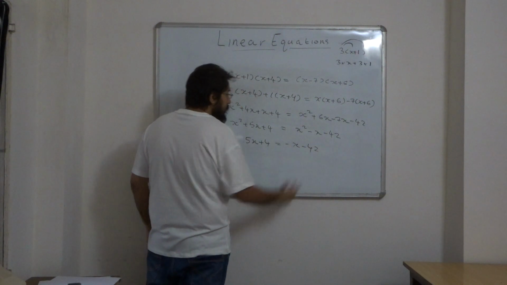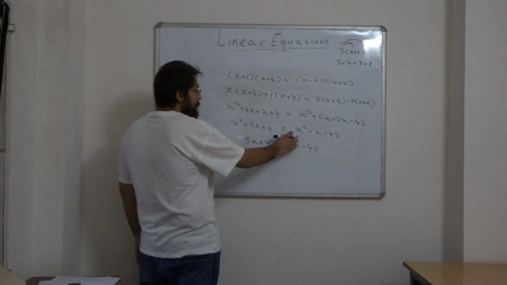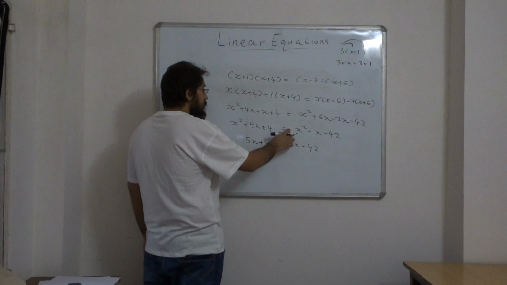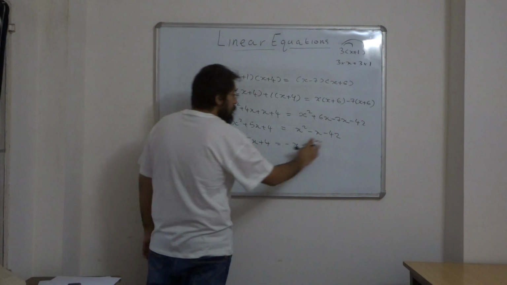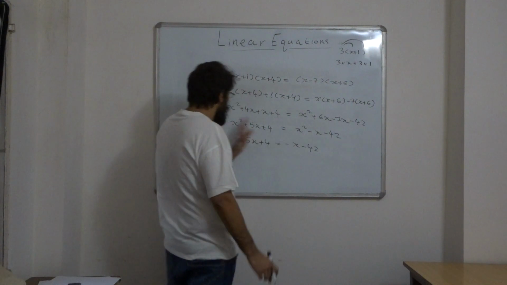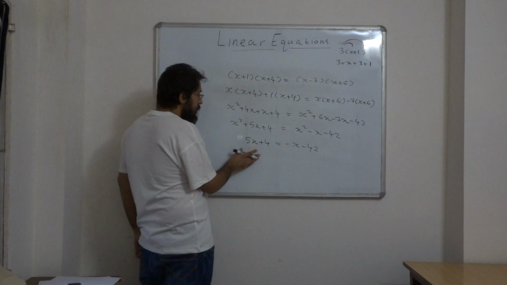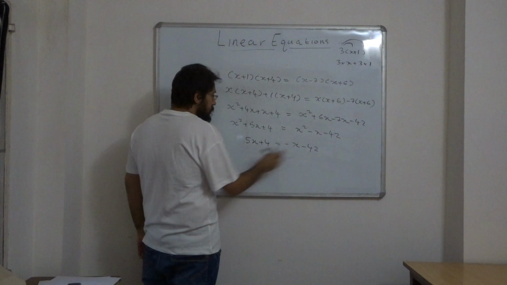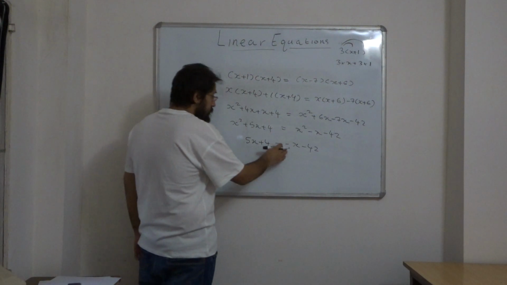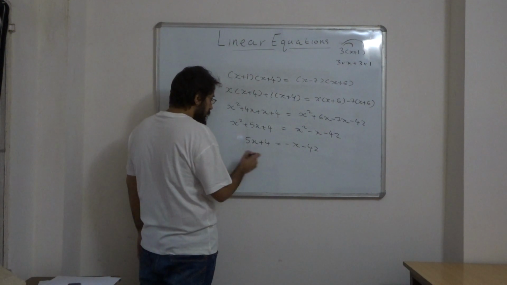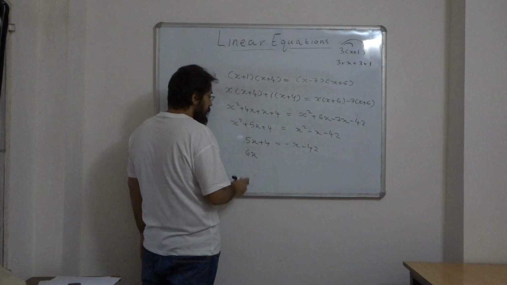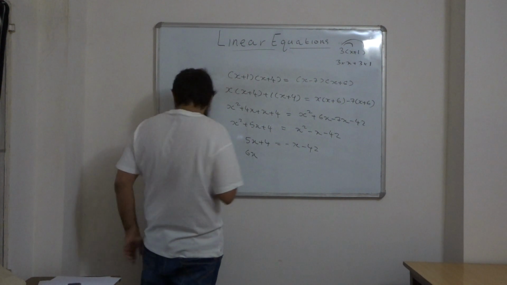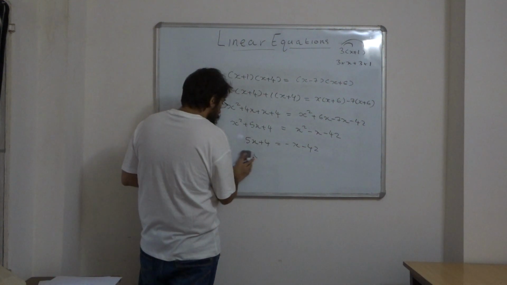I'm sure you already know that because there's nothing in front of the x squared, so it's positive, so you minus x squared from both sides, and it cancels out, and then this is what we get. So now there's a negative in front of the x, it comes on this side, so it becomes 5x plus x, okay? So let's just write it like that.